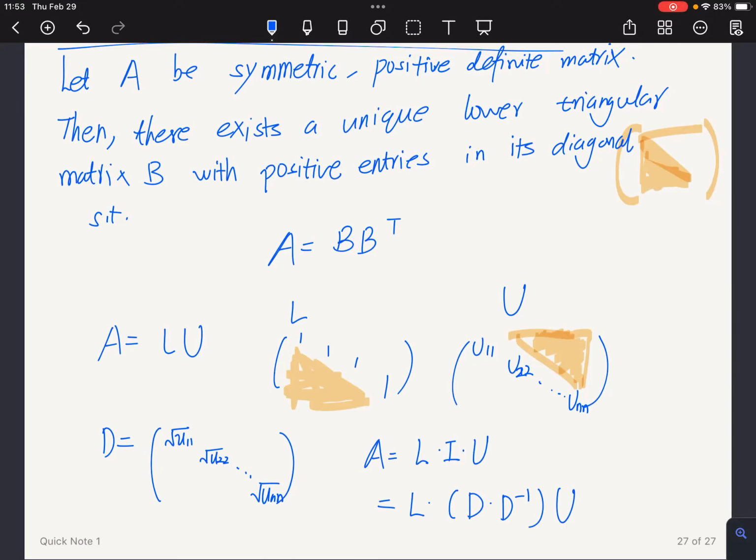So I can combine the order. I can do the multiplication of these two first, and then these two. So this one is L times D, and then I will also combine the D inverse and then U here.